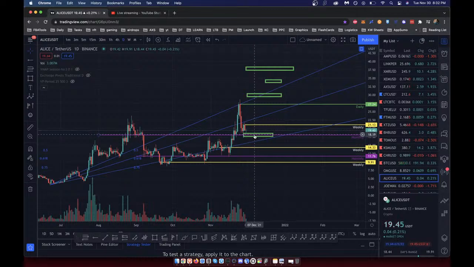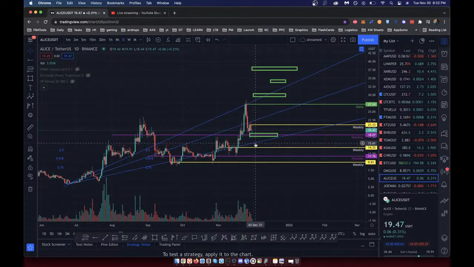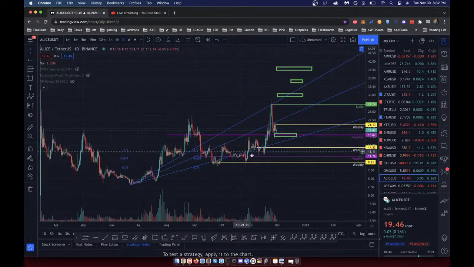So we're pretty much near the buy zone, so I would say it's a decent time to buy. If we break below this monthly and we backtest it, we could come down to the 14. But I would say maybe it's unlikely just because it has been in a fairly good uptrend.